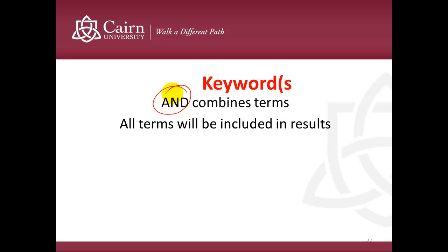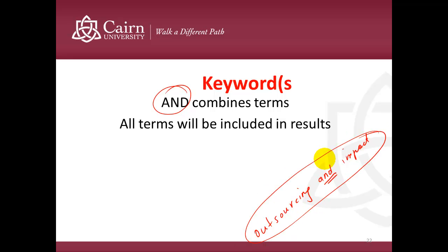So you could say outsourcing and impact. So you're telling the computer to search for both of these terms. For example, computer and privacy. You could use the other keyword, "or." So you're asking outsourcing or impact, or computer or privacy.